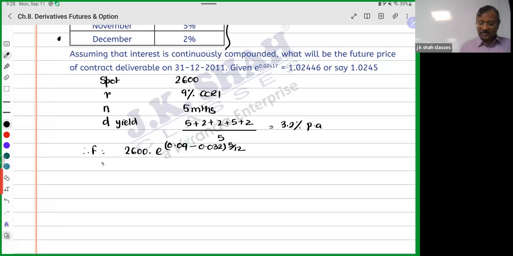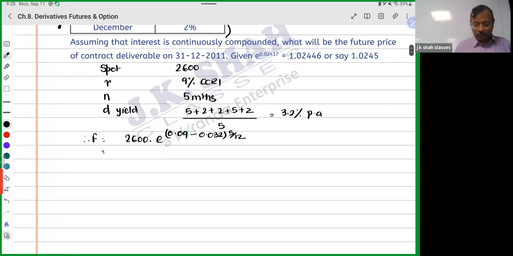So how much does this come? They have given 1.0245. 2,600 into e raised to (0.09 minus 0.032) into 5 divided by 12.